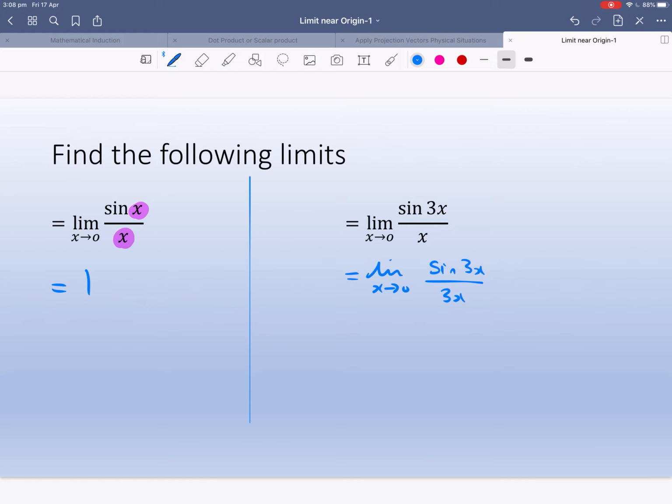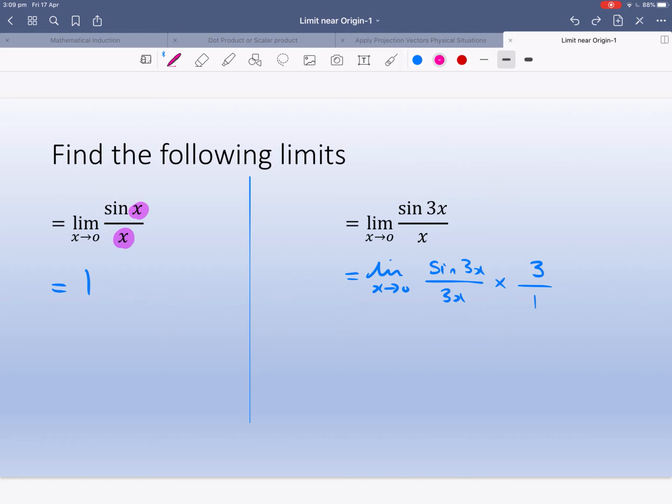So now I know that my angle is the same as the denominator, so I know that bit equals 1. But that's actually not a true statement, because I've just put the 3x in there. So what I have to do is put 3 here over 1, or you don't have to put over 1, because if I cancel this and this, I'm left with the original thing over there. But I'm not going to write that down.